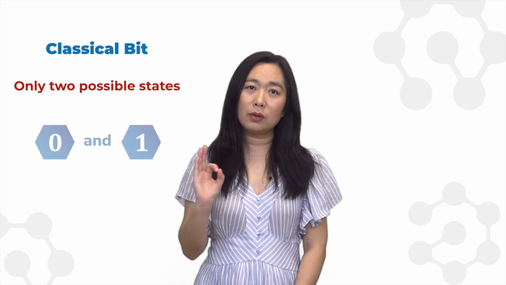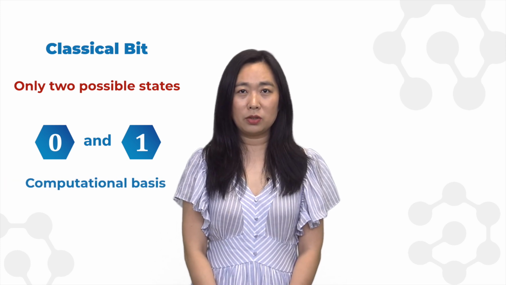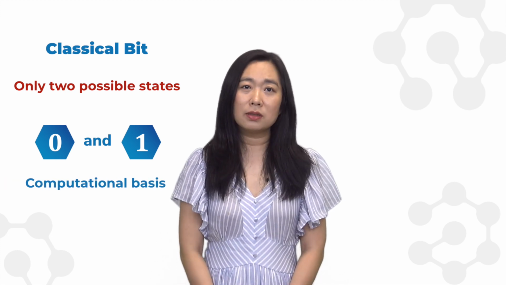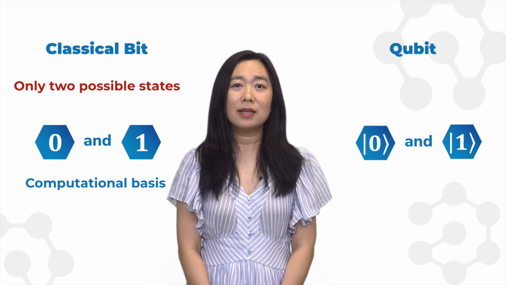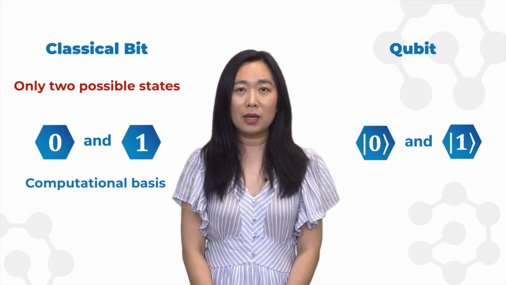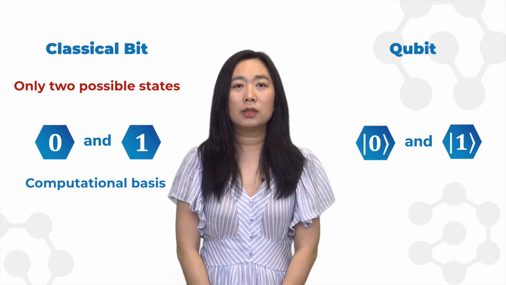A classical bit can be in two possible states, either 0 or 1, which are the basis for classical computation. Building on this, a quantum bit, namely a qubit, also has a set of two states as the computational basis, labeled as state 0 and state 1.